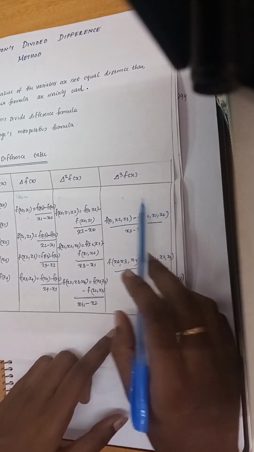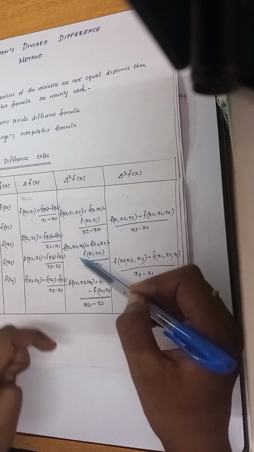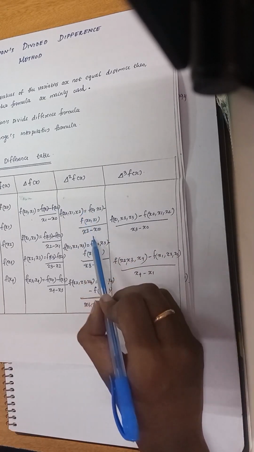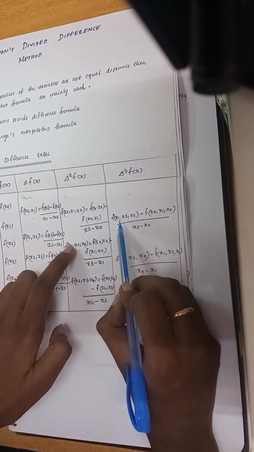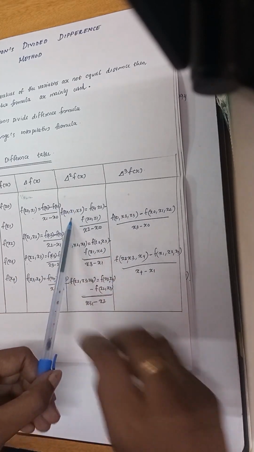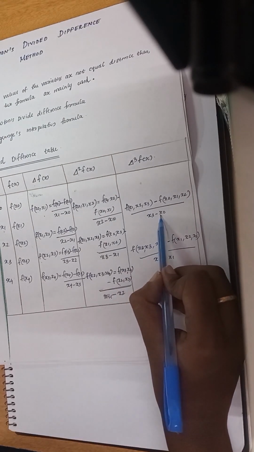Then the third divided difference, delta cube of f of x, is the difference between the second divided differences, that is f of x0 comma x1 comma x2 comma x3 is equal to f of x1 comma x2 comma x3 minus f of x0 comma x1 comma x2 divided by x3 minus x0.